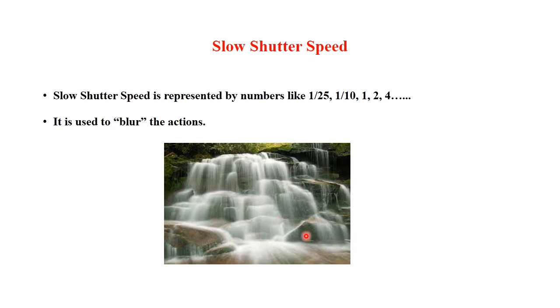The water is just flowing down, and it seems very blurry. The viewers may say that this picture is not acceptable because it is very blurred. But the photographer has used the slow shutter speed, and it is one of the techniques of creativity, and it is absolutely acceptable.